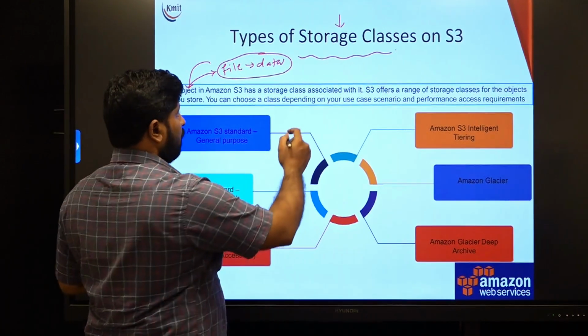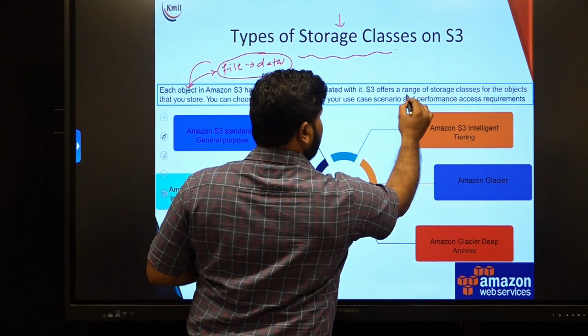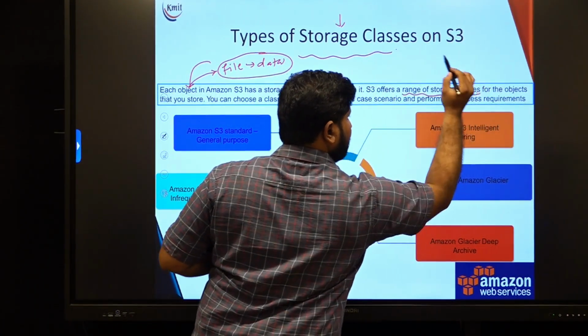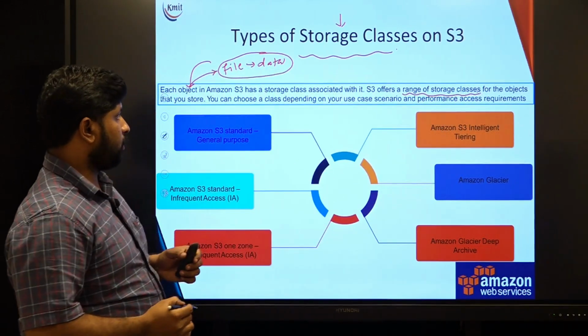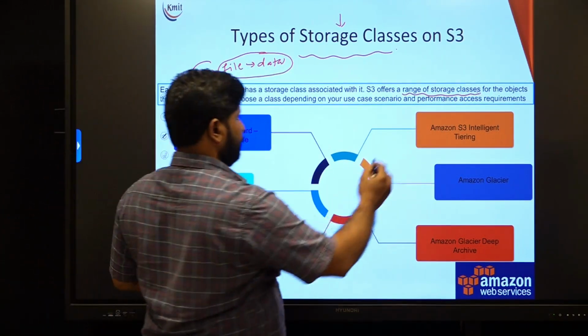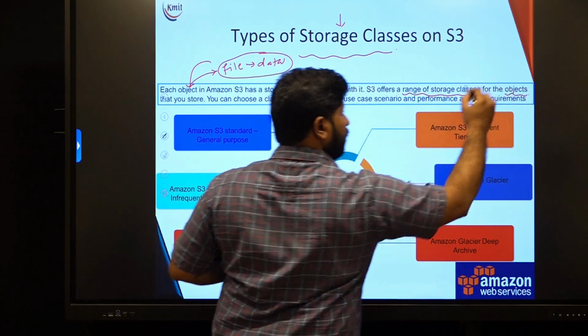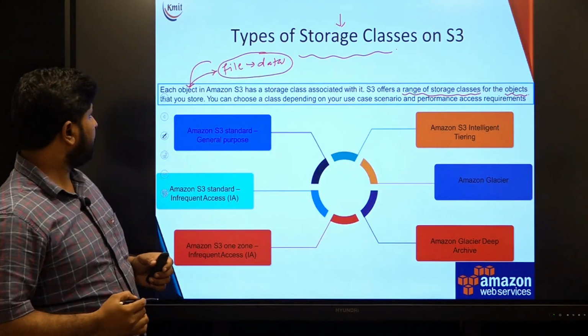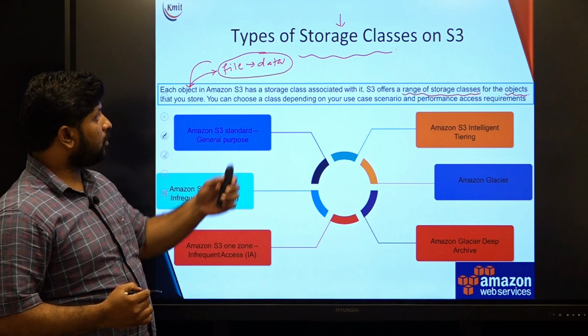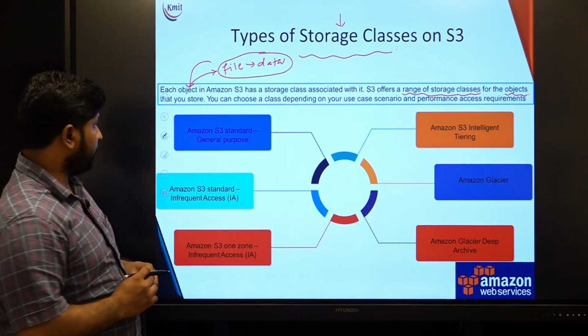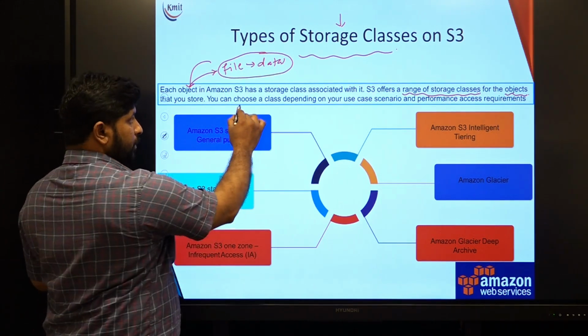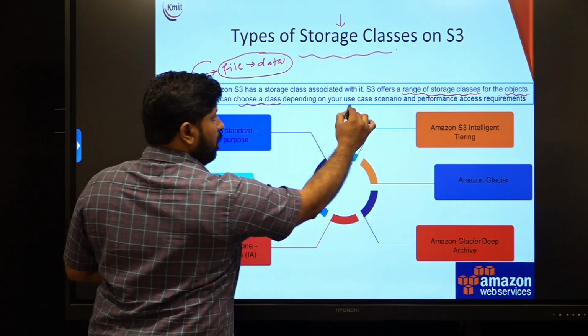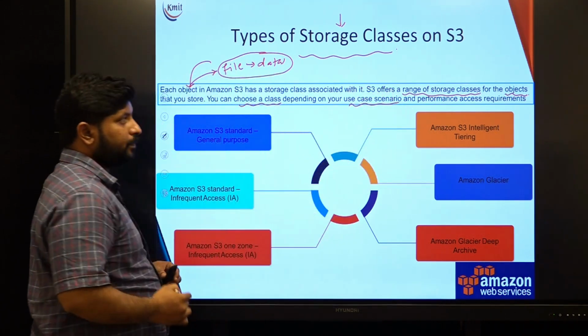So S3 offers a range of storage classes for handling the objects. These storage classes are associated with the objects, and a range of storage classes are provided by Amazon. You can choose depending on your use case scenario.